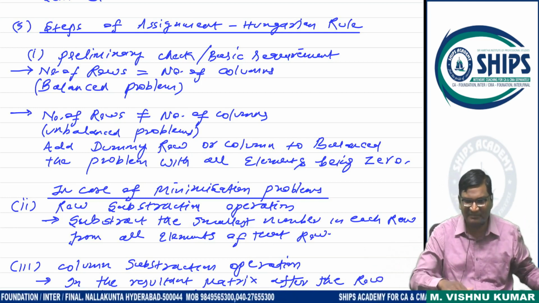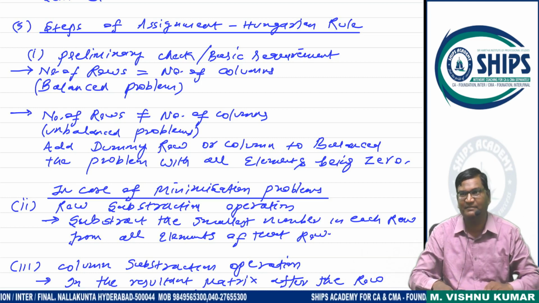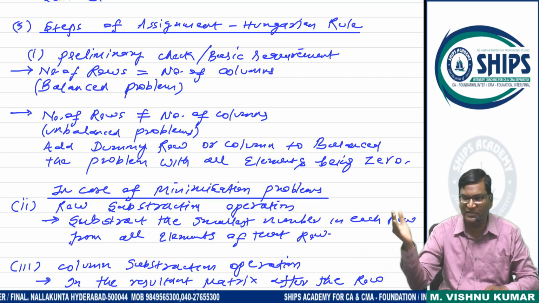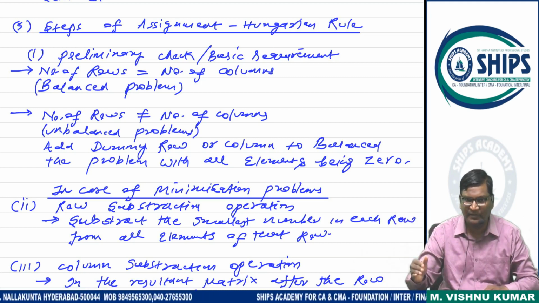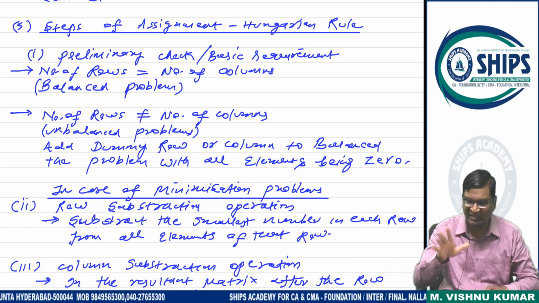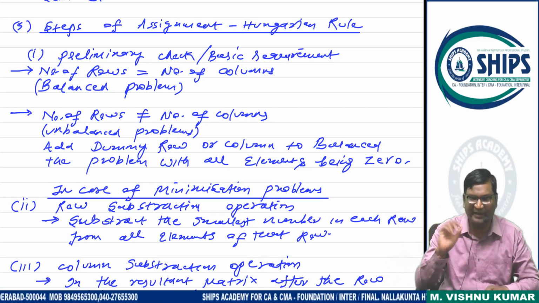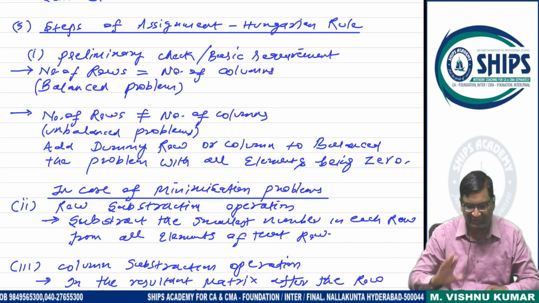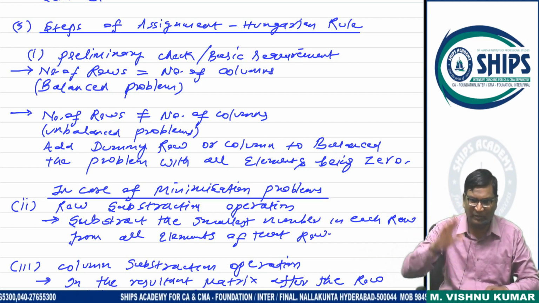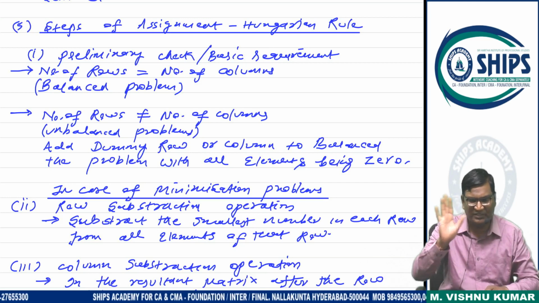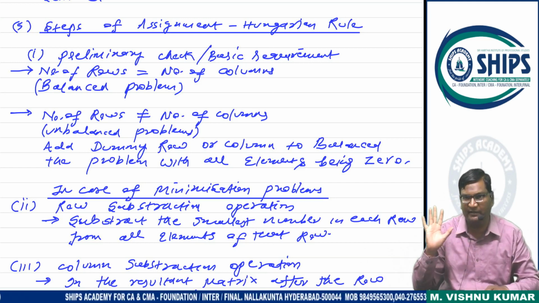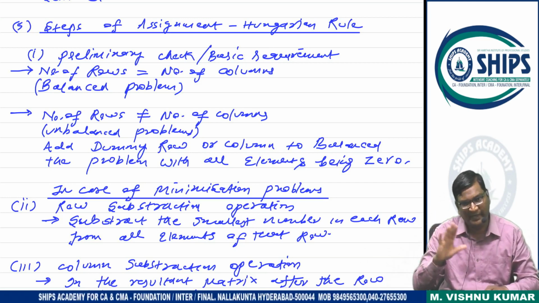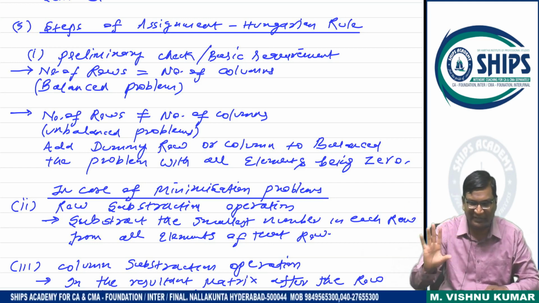That's why this is manual only. So the real application of this is different, and the academic application is different. Academic application is 3 into 3, 4 into 4, 5 into 5, maximum 6 into 6. But 50 workers 50 jobs, 100 workers 100 jobs, you cannot see in academics. Ready-made software is available, they put it in there. Okay.